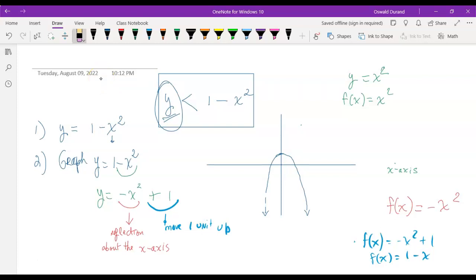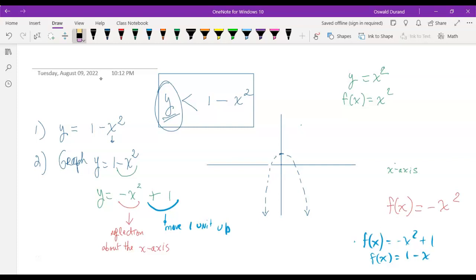So for example, I'm going to do this to show that the graph 1 minus x squared is not part of the solution, is not part of my graph. And that's how you show it. This is your boundary graph here, 1 minus x squared.